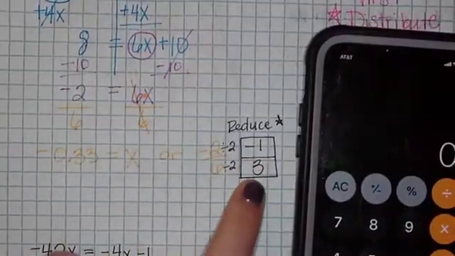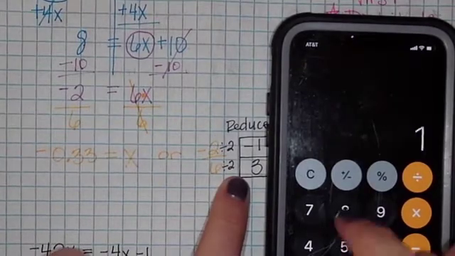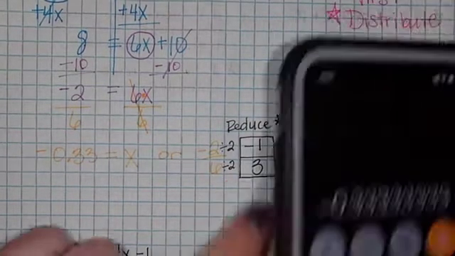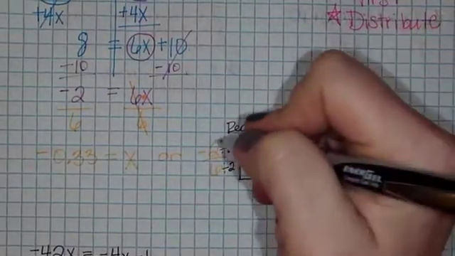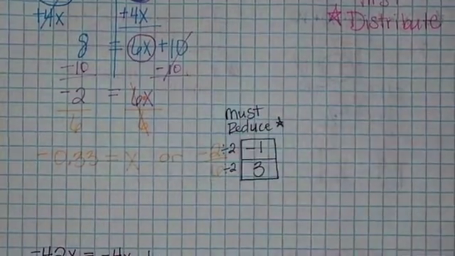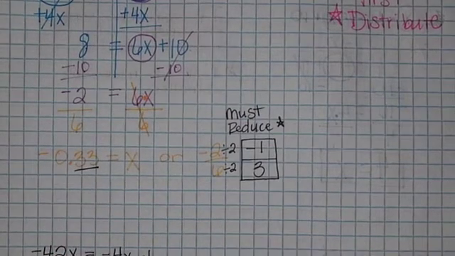Or you can check to make sure that this fraction is equivalent to this decimal. So I'm going to do negative 1 divided by 3, which is the same decimal. So remember, you must reduce if you're going to leave it as a fraction. If you're going to round it, give at least 2 decimals, or whatever it tells you to give.